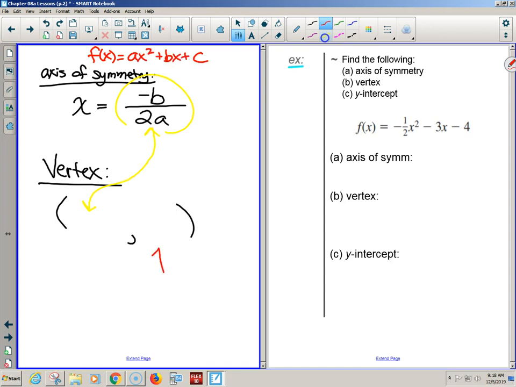So to get the y, you have to take your special axis of symmetry x, which some people actually call it, and I know it's weird, but x is so general, like it's used all the time in math. This special guy, the vertex x of a parabola, a lot of people call it h. Because in future math, the vertex is given a special name. H is the x of it, and k is the y of it.